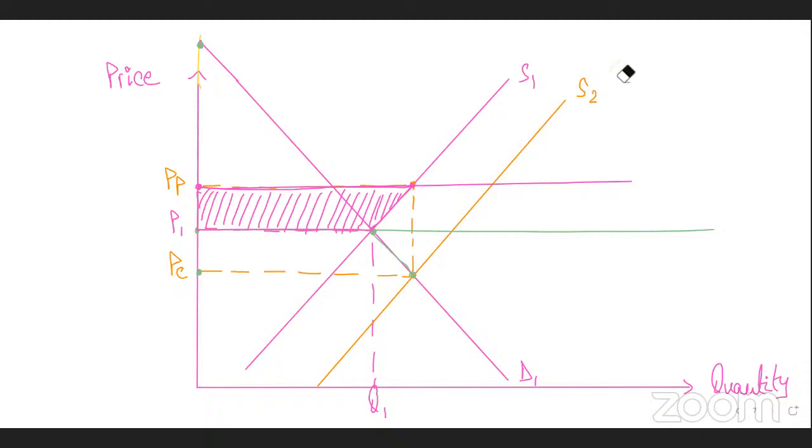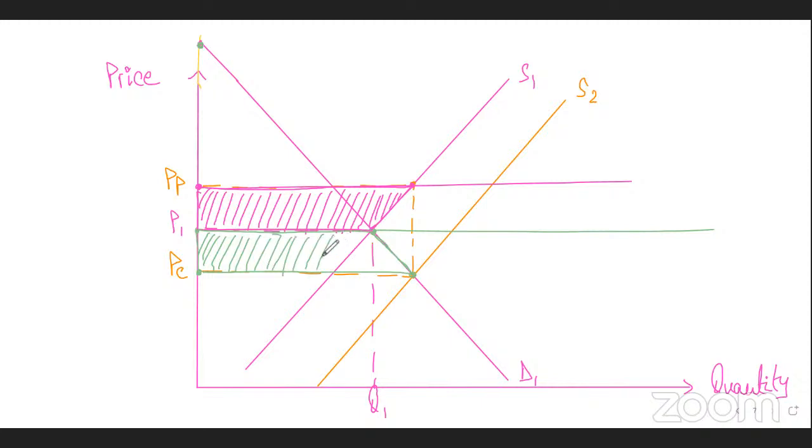So the gain of consumer surplus is this region that I'm just about to shade for you. So this region, this trapezium, right? This is the gain in consumer surplus, and this upper pink shaded region is the gain in producer surplus.